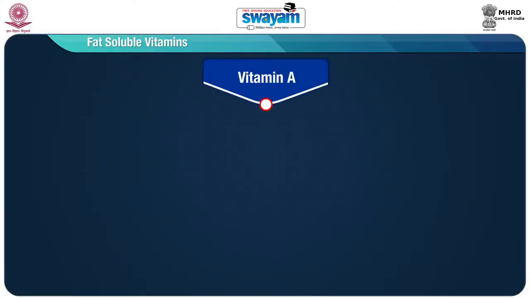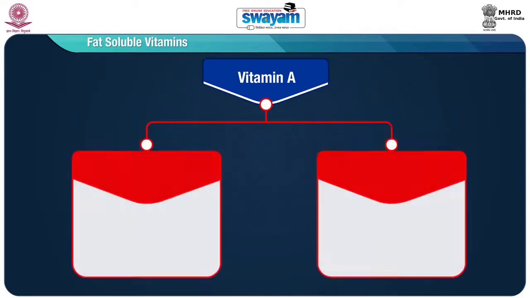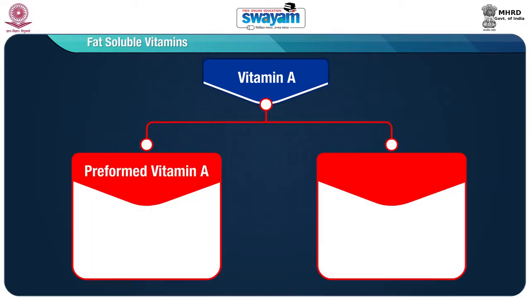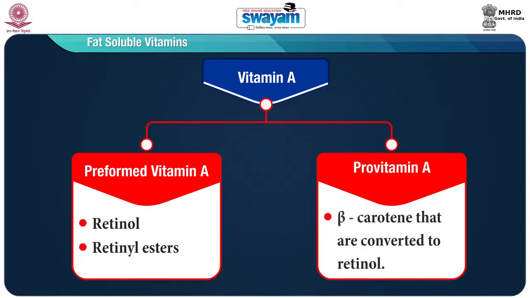Coming to vitamin A, the two main forms of vitamin A in the human diet are preformed vitamin A, that is retinol, retinyl esters, and provitamin A carotenoids such as beta carotene that are converted to retinol.